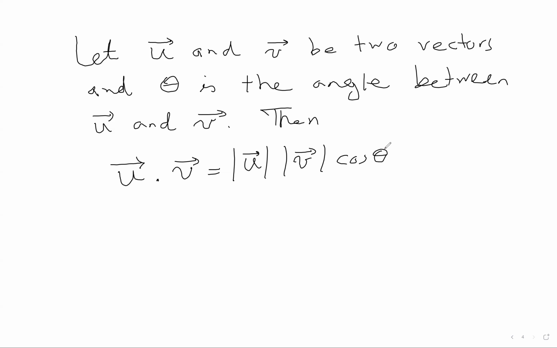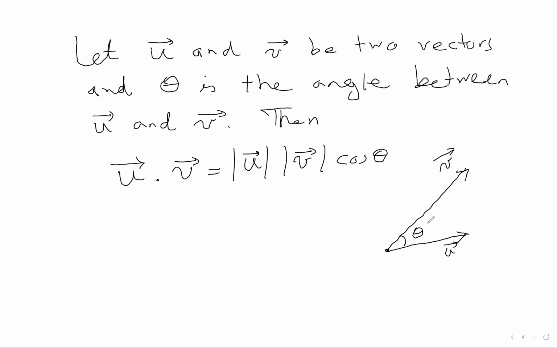So if I have two vectors, suppose this is u, it could be in two-dimensional space or three-dimensional space, and suppose this is v. So this is vector u and vector v, and they make an angle of theta. Then u dot v is computed this way.